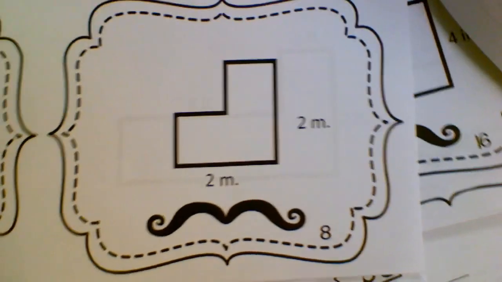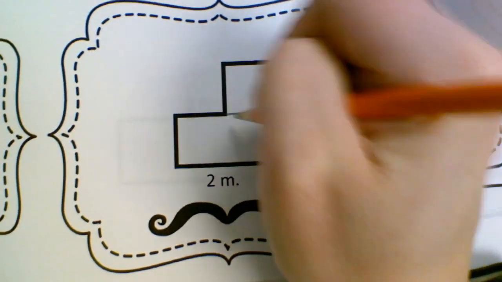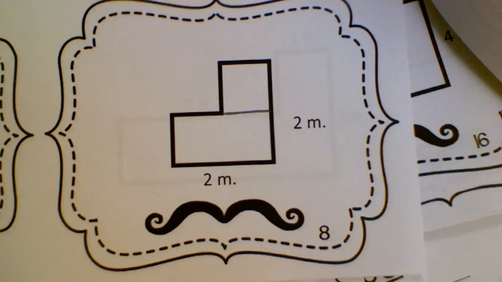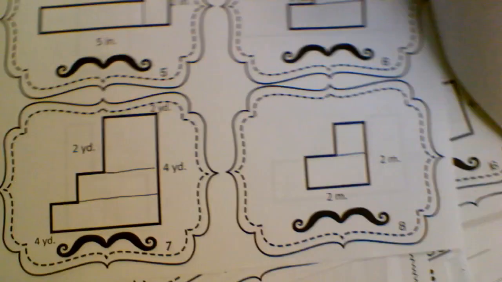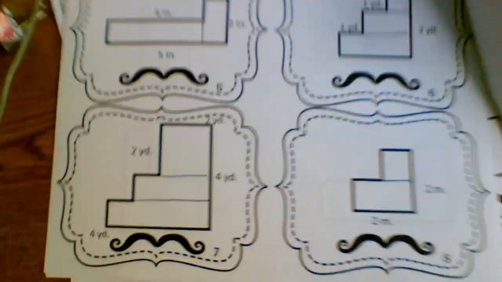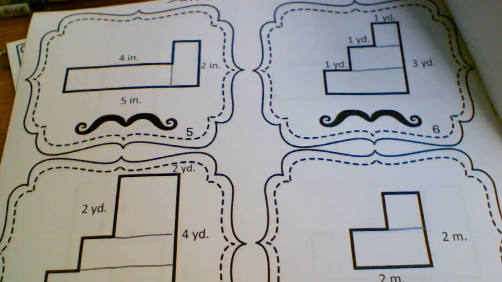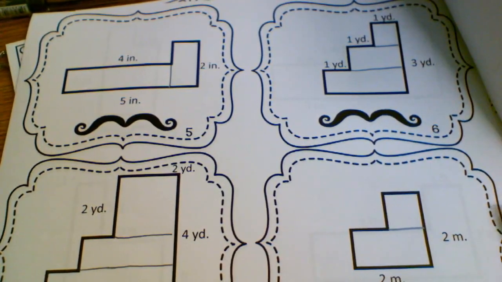And then for number 8, I would suggest you break it into 2 pieces. Some of you may need that help. Some of you might say, oh, Mrs. Jusome, you just told us way too much information. So right now, try your best in figuring out the total area for each of these polygons.